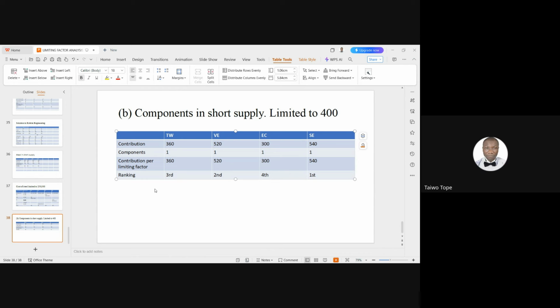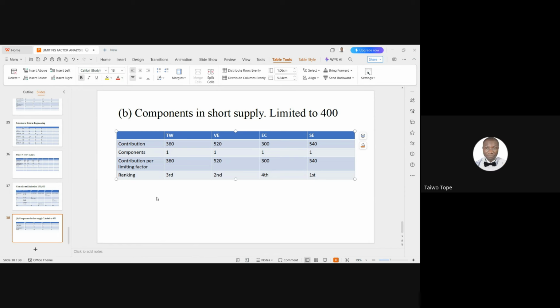So how many components are you going to use for special order? The question is, to produce 1 unit of each of the products, how many components do you need? The answer is on the screen.